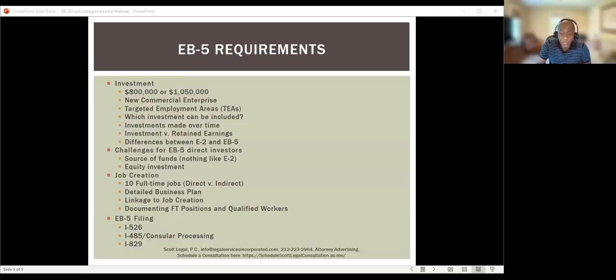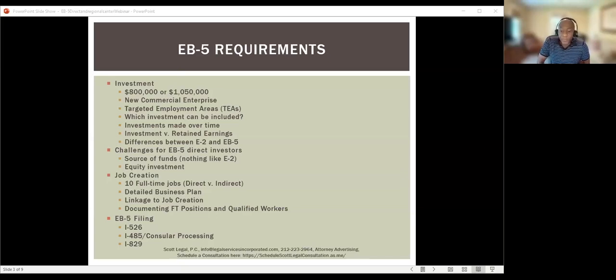So, definitely, when you're moving in particular from an E2 to an EB-5, it can become quite complex because some of the things that you included in your E2 investment, or even the very nature of the E2 investment, if it was done through some type of business purchase, and that could be a business purchase of shares or a business purchase of assets, could make it so that you're basically starting from scratch for an EB-5.